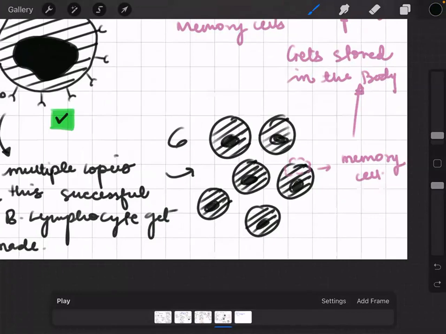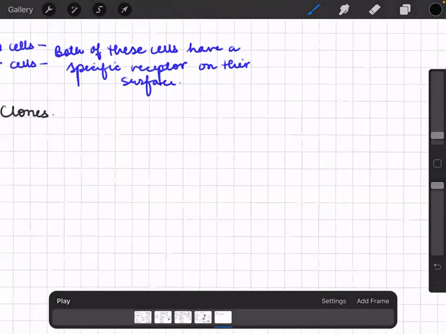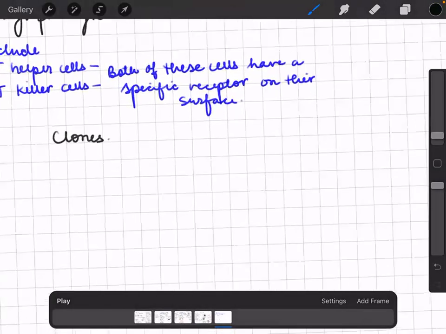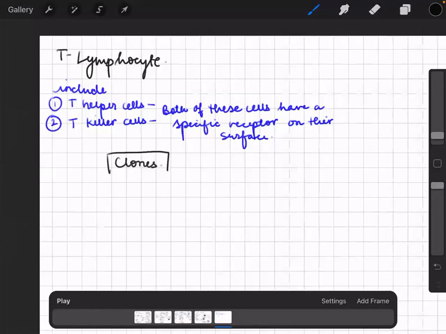There could be some or the other kind of differences. But when it comes to your T lymphocytes, the T lymphocytes very specifically make clones of themselves, which means that all of these cells that are going to be created are going to be exact identical cells of the same type, and they are also going to be created via the process of mitosis.